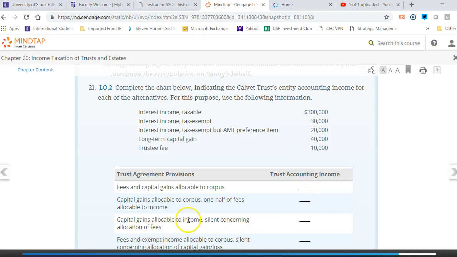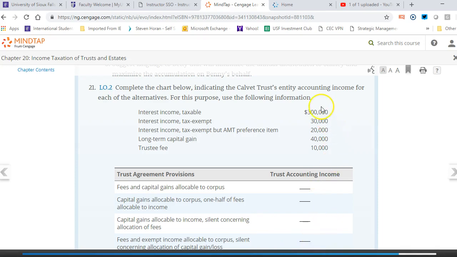The third one is capital gains allocable to income, silent concerning allocation of fees. This one basically says most state laws allocate fees 1/2 to corpus, 1/2 to income, unless the controlling documents tell us otherwise. So without it being stated, we'll assume it's 1/2 and 1/2 because most states allocate it that way.